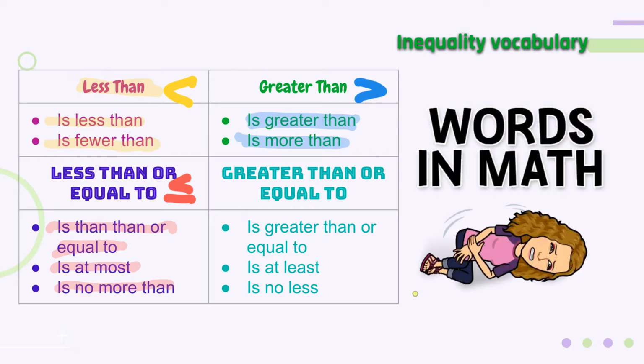Now, key phrases that represent greater than or equal to: "is greater than or equal to," "is at least," or "is no less than." So these ones represent the greater than or equal to.